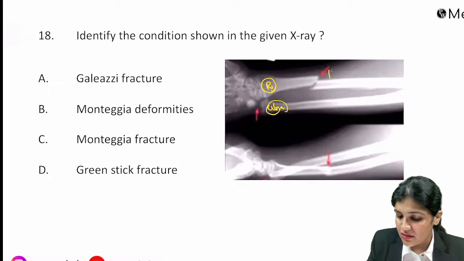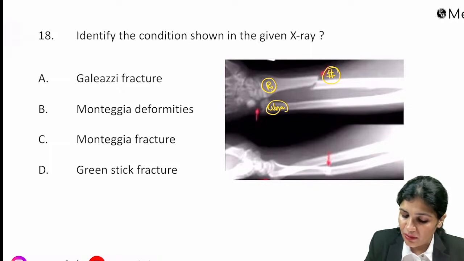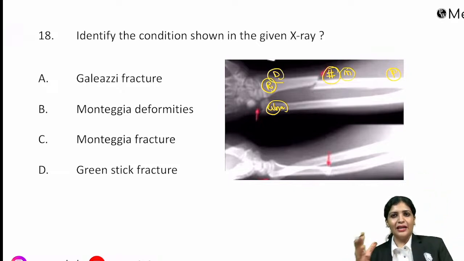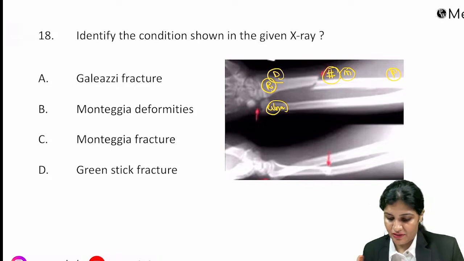There is a fracture in the radius, somewhere around the middle third. So this is the distal, proximal, and the middle. This is somewhere the junction of the distal and the middle radius, right? So somewhat a type of distal radius fracture.